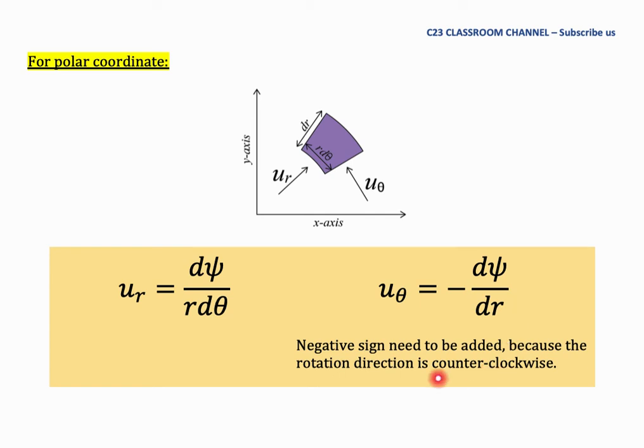So we take the direction of counterclockwise as negative. So in this equation, we need to add a negative sign because the rotation here is counterclockwise. So the u theta is equal to negative d psi over dr.